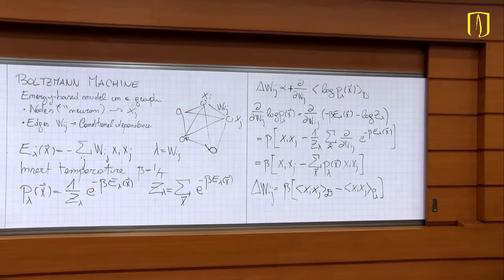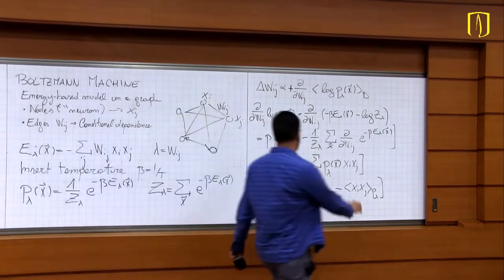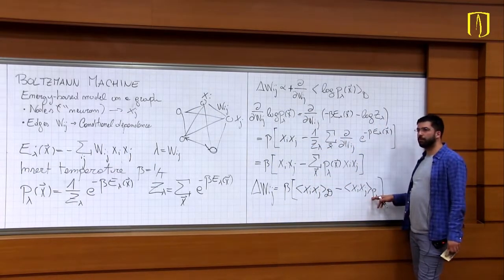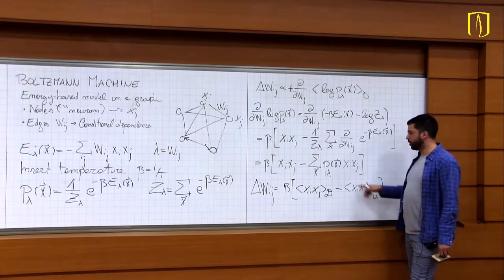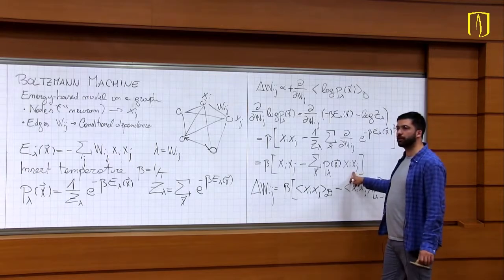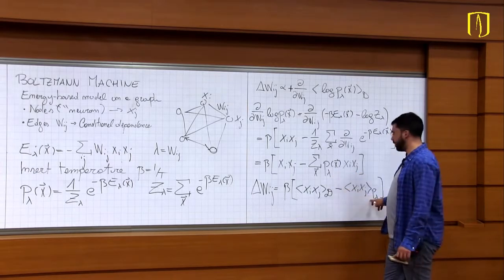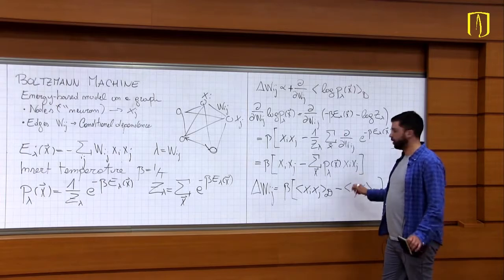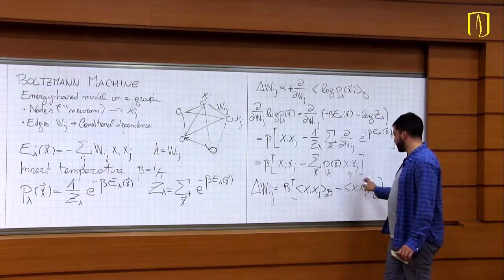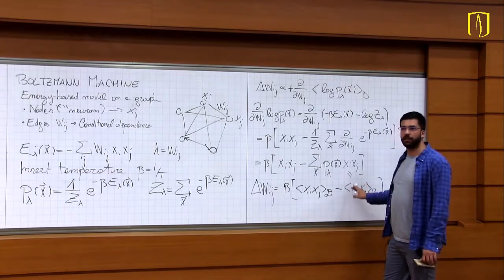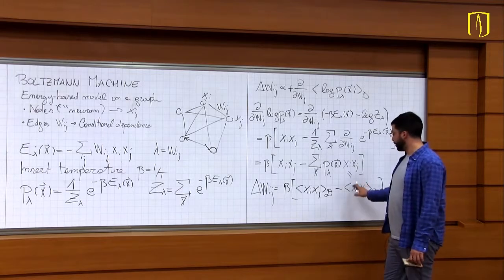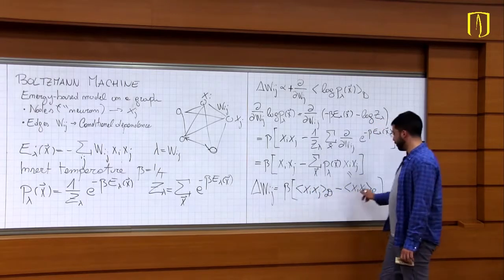In the last step, this xi, xj over p lambda is the average value of this correlation function under p, and there is no approximation here. It's an equal sign between these two, so it still has a full exponential sum in it. We're going to deal with this later using Monte Carlo.